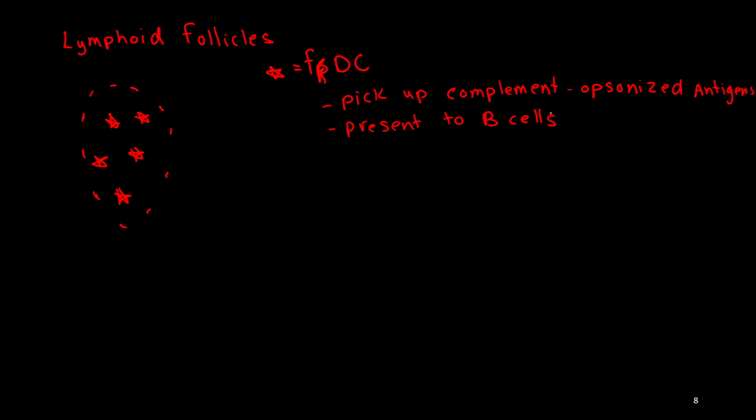So if we do this, these are the B cells. The B cells are diffused throughout the area in the lymphoid follicles as well as the surrounding area, but the lymphoid follicles are going to be enriched in these follicular dendritic cells and ultimately are what activate these B cells.